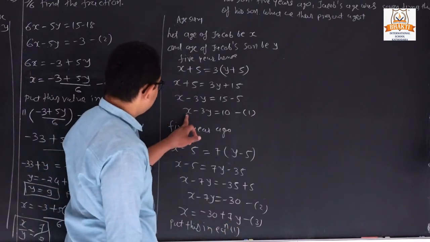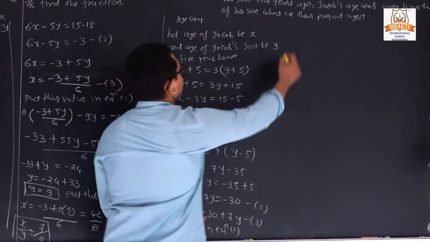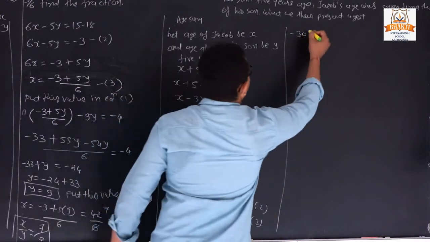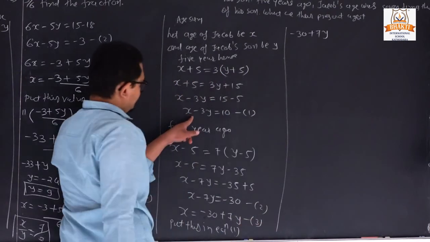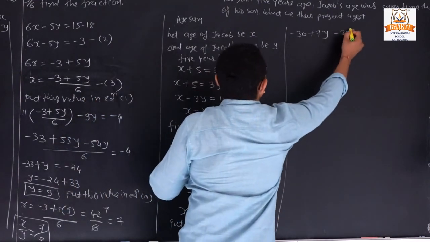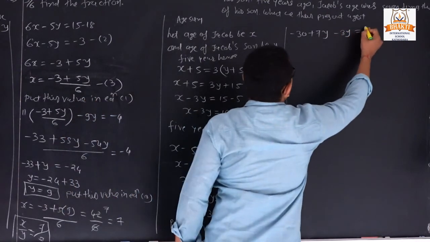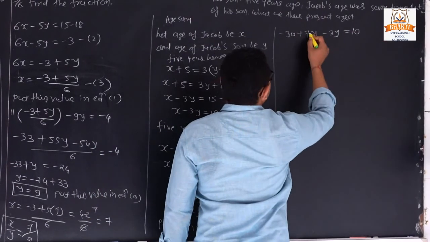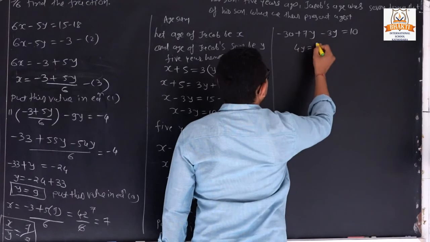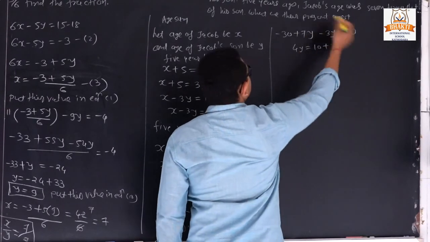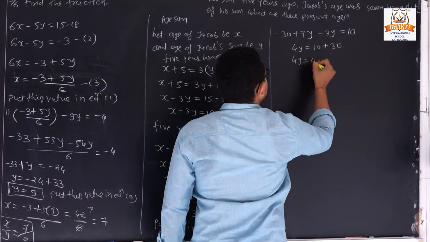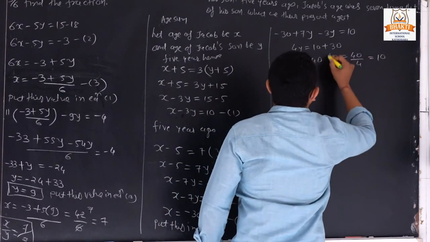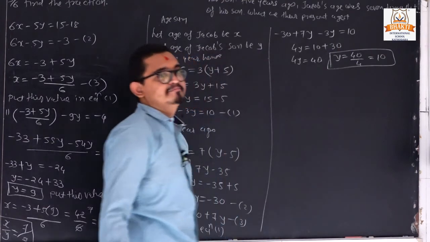So in equation 1, x is replaced with minus 30 plus 7y, minus 3y is equal to 10. This is going to the second side, 7 minus 3, so it is 4y. 10 plus 30, because this becomes plus, so 4y is equal to 40. So y is equal to 40 divided by 4, so the answer is 10.